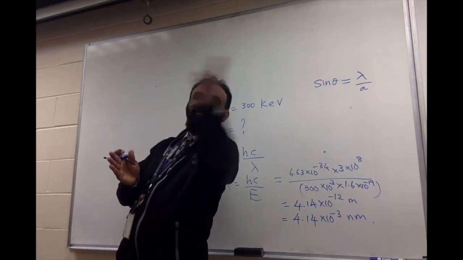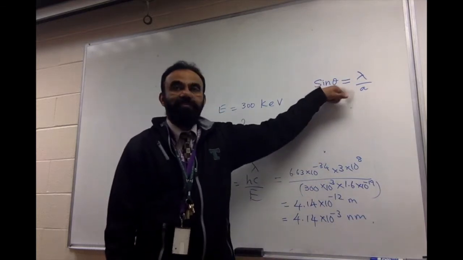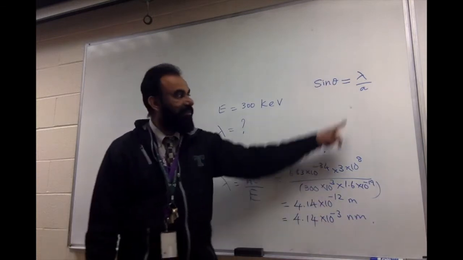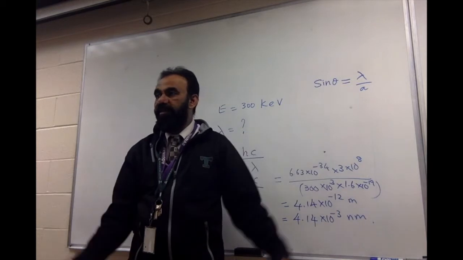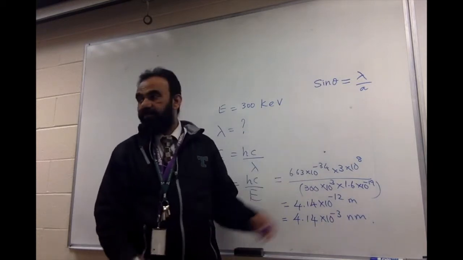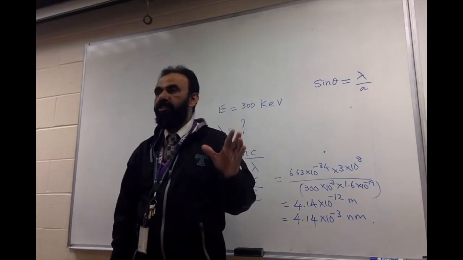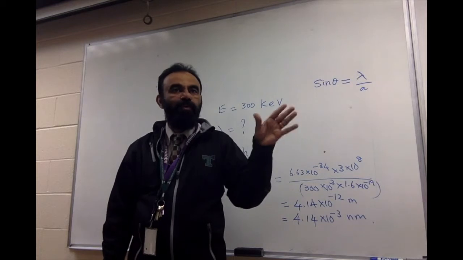So how much angle of diffraction takes place depends on these. Lambda is this. What is a? The door width, almost a meter. Would you see appreciable diffraction if this light passes through an everyday opening like a door?